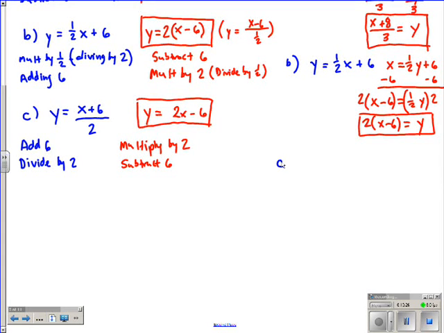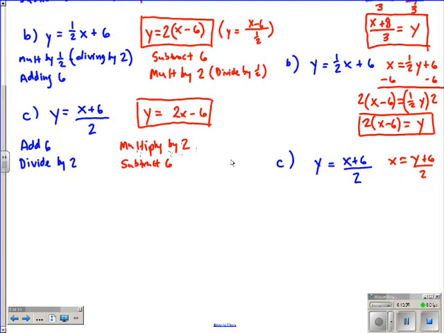Let's go ahead here and just do that last one. So letter C. We had y was equal to x plus 6 over 2. Rewrite it here with our x's and y's switched, so replacing our inputs with our outputs. So x equals y plus 6 divided by 2. To undo this, we're going to have to multiply by 2.